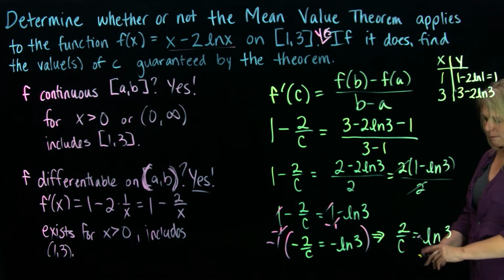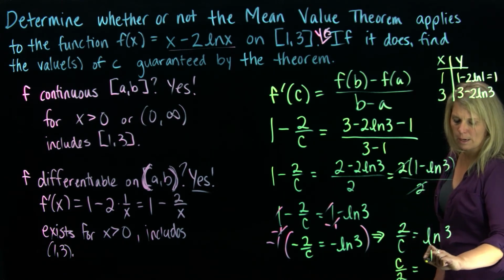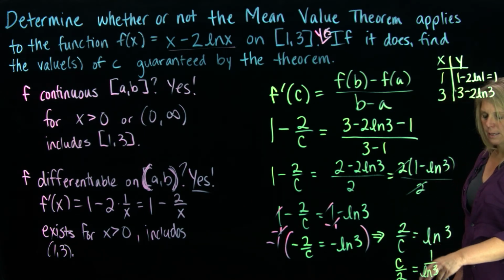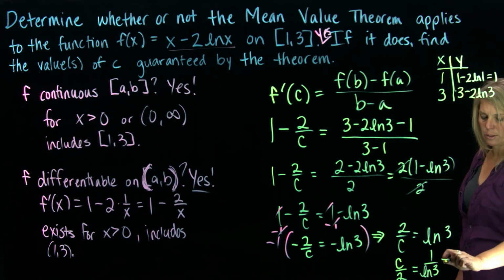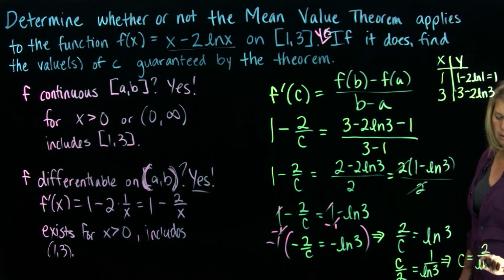Okay, so when we take the reciprocal of both sides, we have c over 2 equals 1 over ln 3. And then if I just multiply through by 2, I get c equals 2 over ln 3.